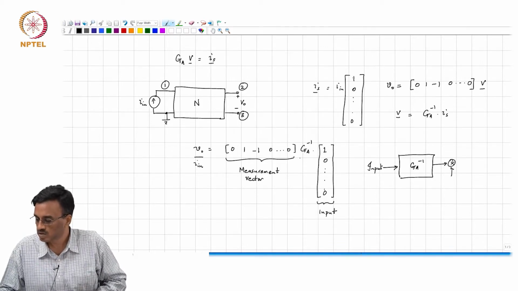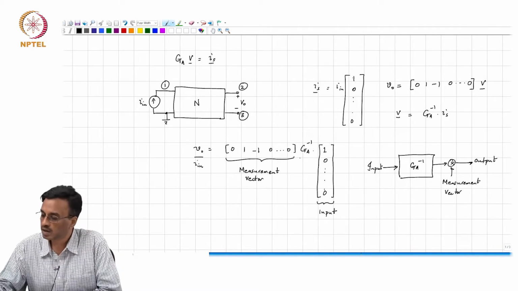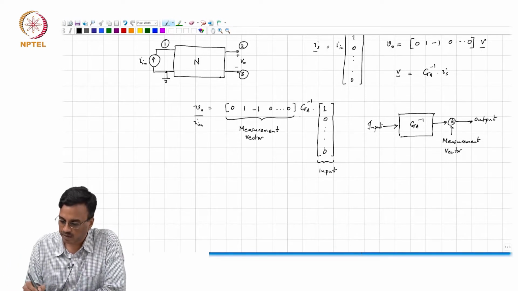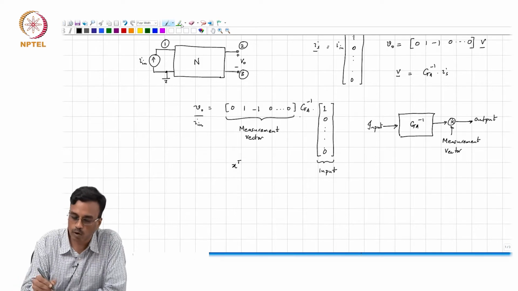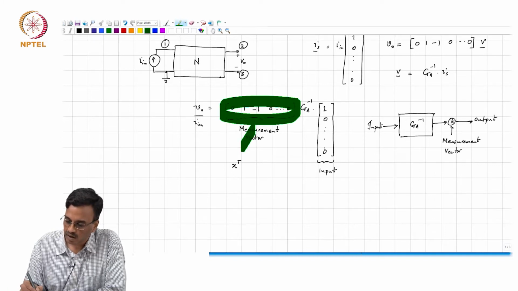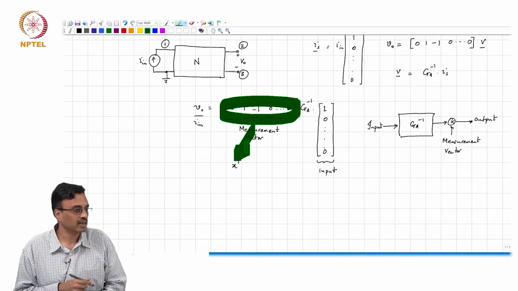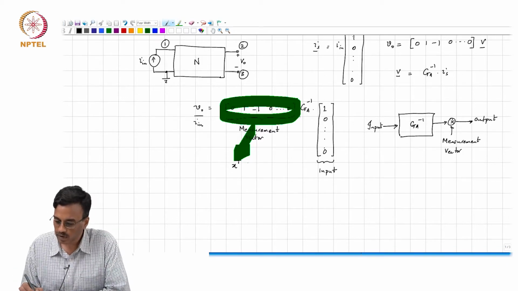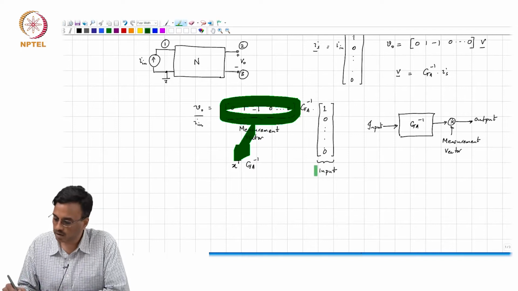This is the output. If you think of the measurement row vector as X transpose, simply because it is a row vector, so X is a column vector and X transpose is the measurement matrix, this times G_A inverse times the input, which I am going to call the y vector.